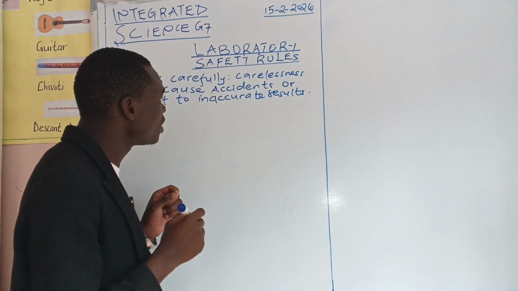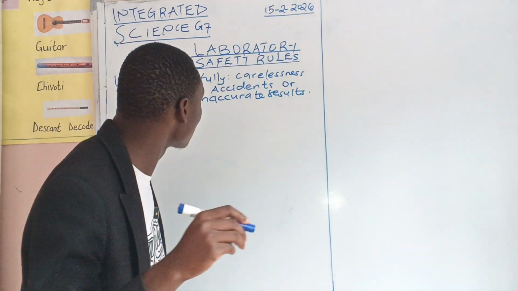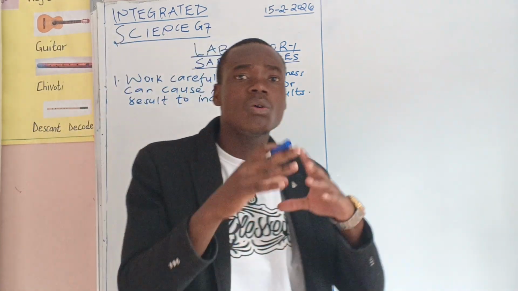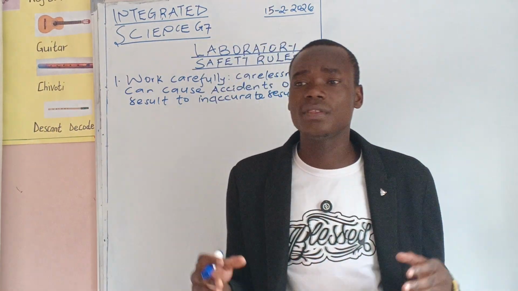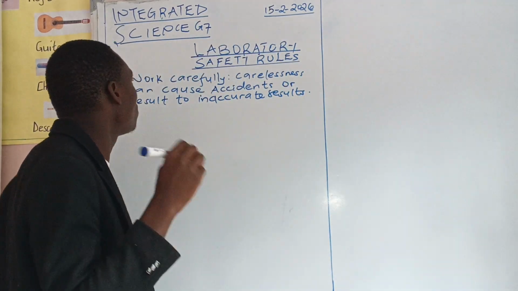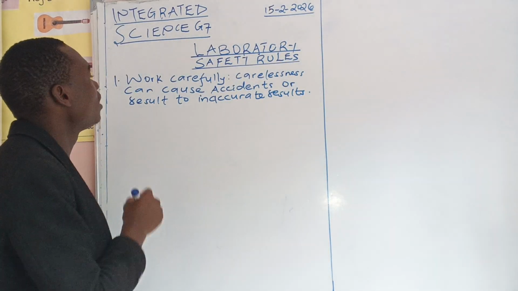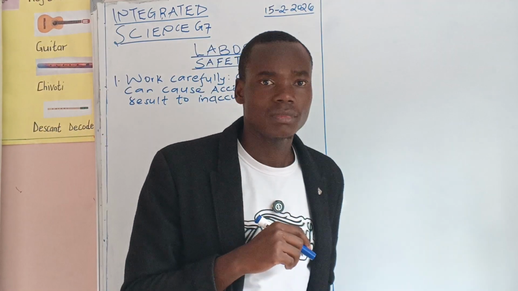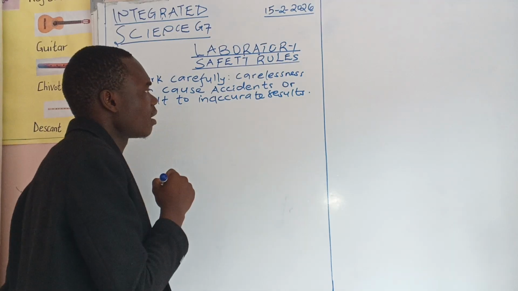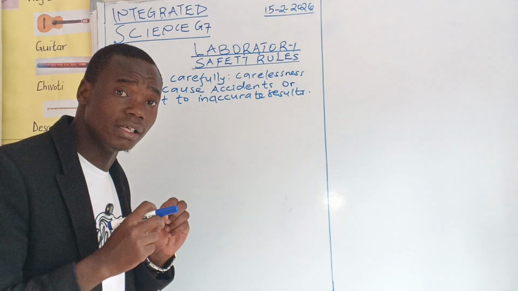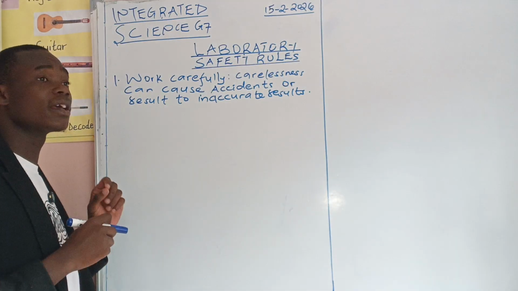And I told you initially that you have to be cautious about these hazards. So as you work within the laboratory, whether you're working with the acids or the bases, know that those particular chemicals can cause accidents. And for accurate results, what you need to do is just work carefully as you're carrying out your experiment.